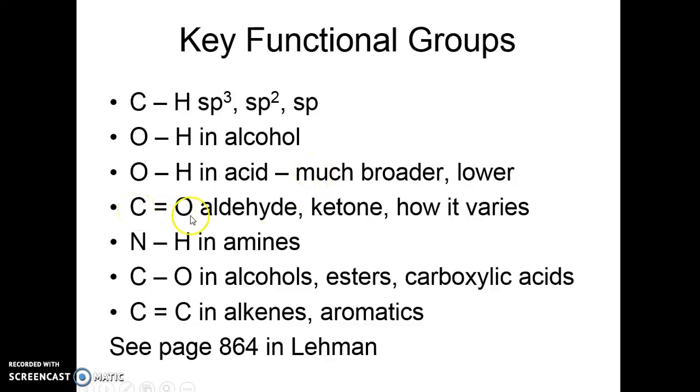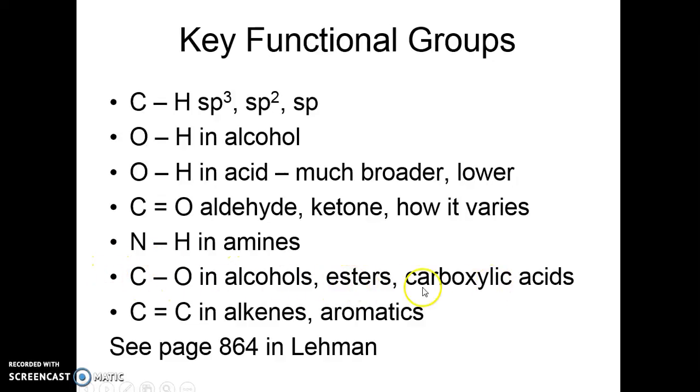Then there's the carbon-oxygen double bond, aldehyde and ketones, and you also have it in acids and things like that. There's a particular range for an aldehyde and a ketone. Nitrogen-hydrogen bonds, which are very close to where the oxygen-hydrogen bond absorbs, but the appearance of the peak is much different. Then you have carbon-oxygens that are in alcohol, esters, and carboxylic acids.